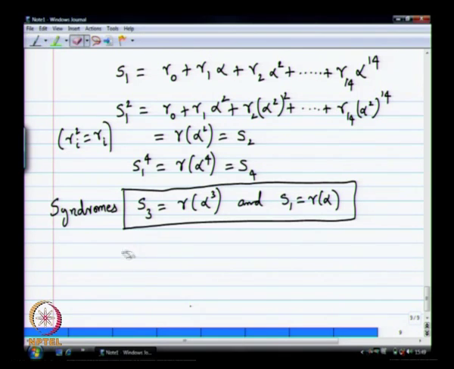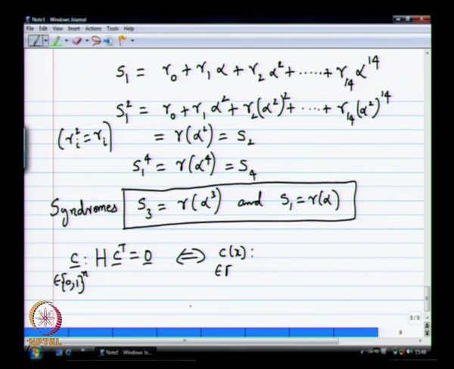Before I go to R of x, it is not too difficult to see these things. Instead of thinking of the code word as satisfying this equation, you can equivalently think of it as C of x in F2[x] such that C of alpha equals C of alpha squared equals C of alpha power 3 equals C of alpha power 4 equals 0, right?